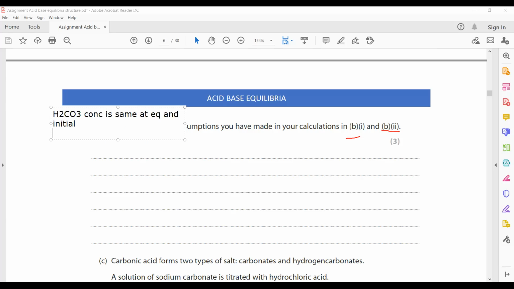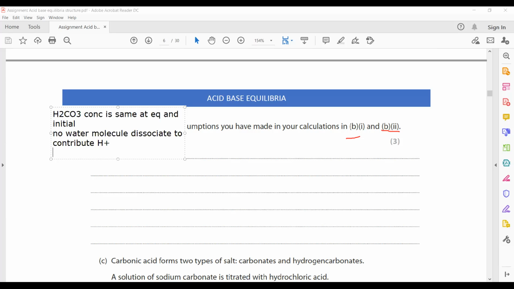Then what is our second assumption? We assume that no water molecules dissociate or contribute hydrogen ions. And what's our third assumption? This HCO3- can also dissociate and it will change.